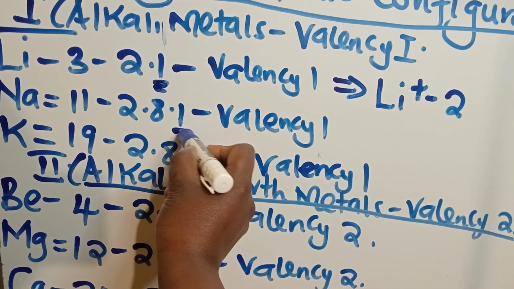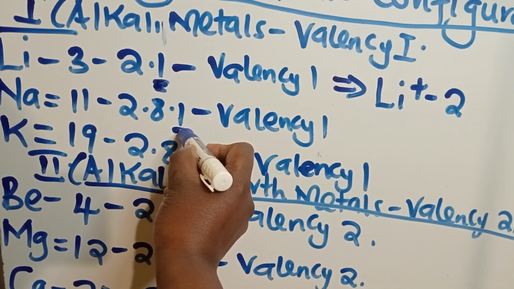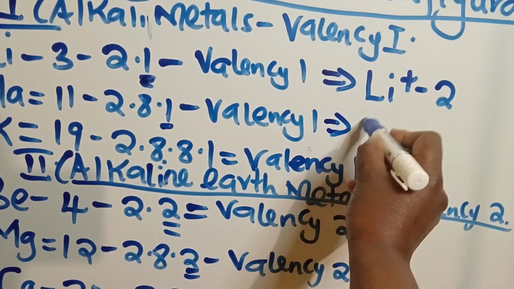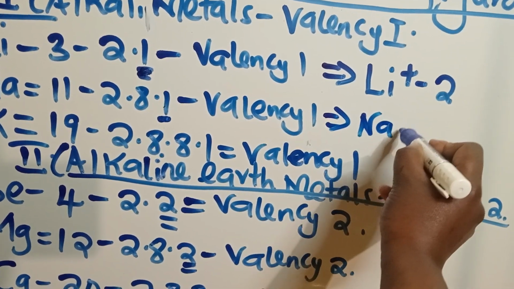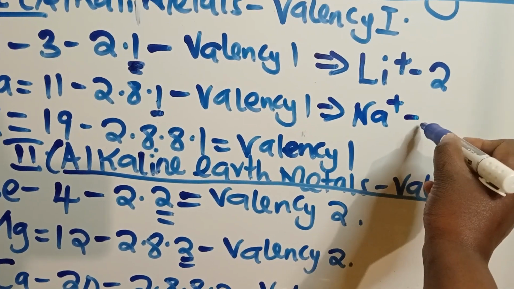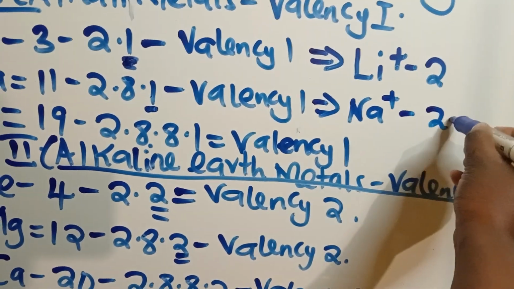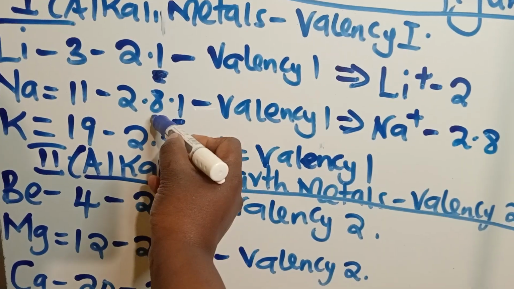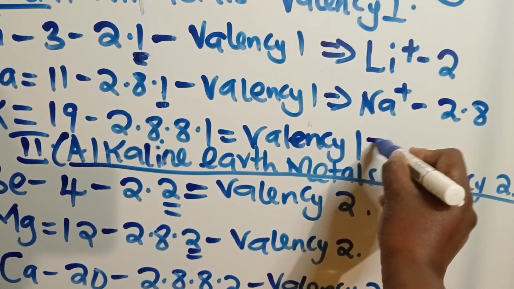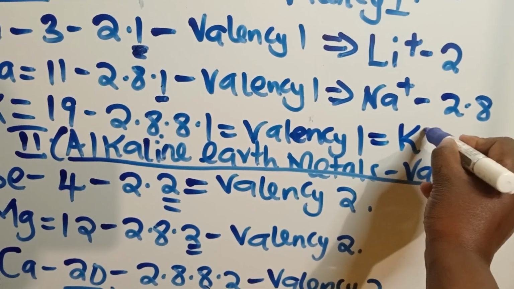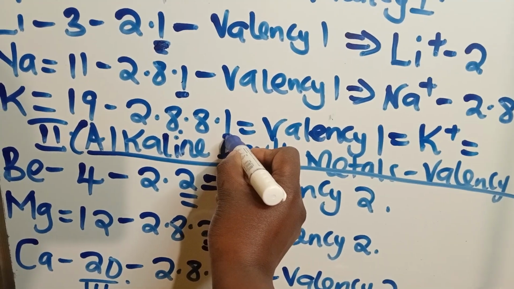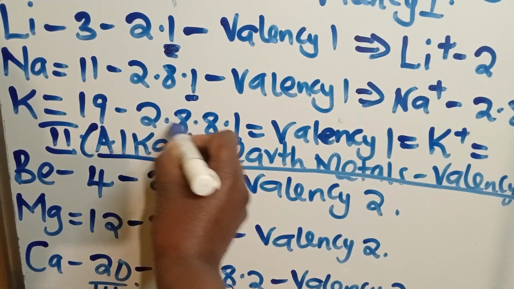When sodium loses this 1, it will have a formula of Na positive, and the ionic configuration is 2.8 after it loses the 1. This one will become K positive, and minus this one that it shall lose, it will have 2.8.8.